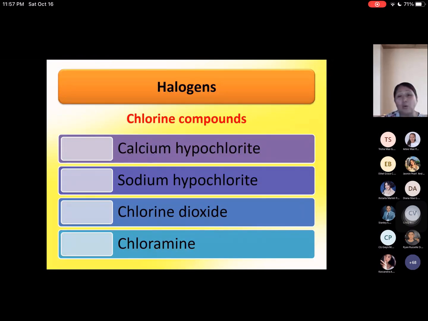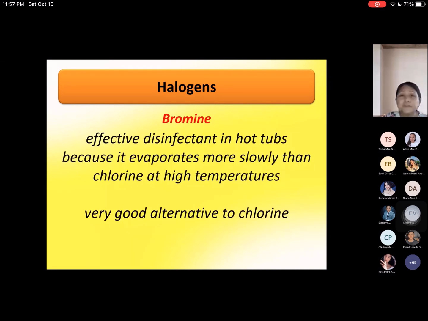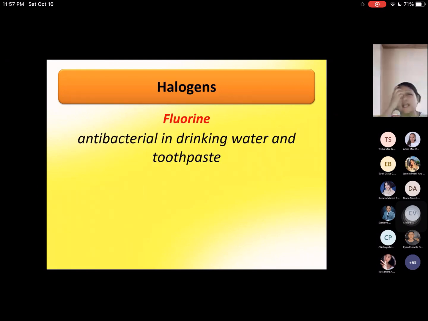That is chloramine. Next, we have the bromine. Bromine is an effective disinfectant in hot tubs because it evaporates more slowly than chlorine at high temperatures. It's a very good alternative to chlorine. The fluorine has an antibacterial effect in drinking water and toothpaste.